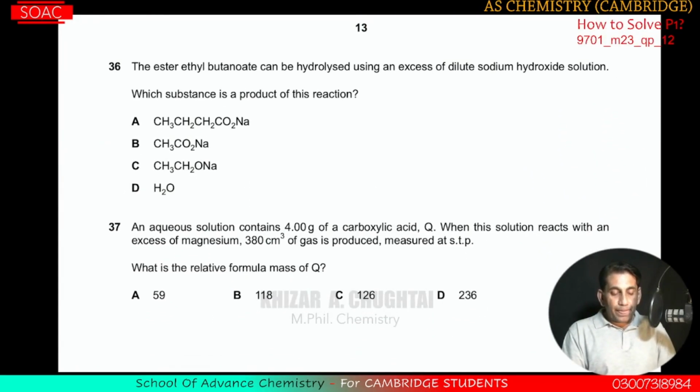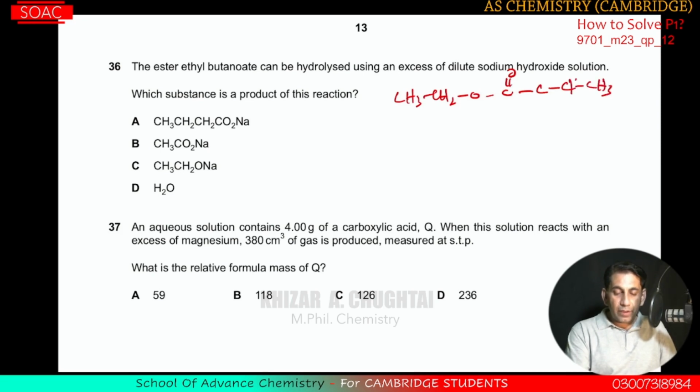Question number 36. The ester ethyl butanoate can be hydrolyzed using excess dilute sodium hydroxide solution. Which substance is the product of this reaction? Ethyl butanoate is CH3, CH2, O, C double bond O. Butanoate means 4 carbons should be there: CH3, CH2 and CH2.